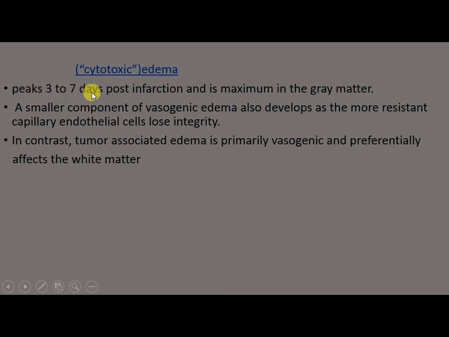It peaks from 3 to 7 days post-infarction and is maximal in the gray matter. A smaller component of vasogenic edema also develops as the more resistant capillary endothelial cells lose integrity. In contrast, tumor-associated edema is primarily vasogenic and preferentially affects the white matter.